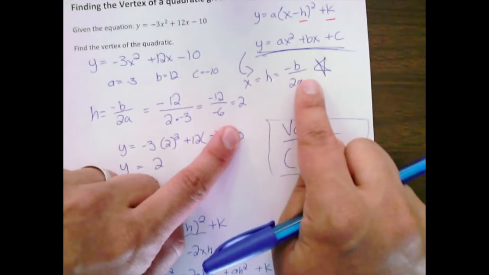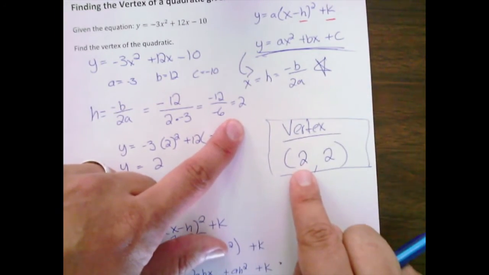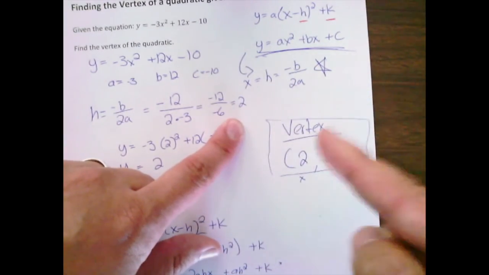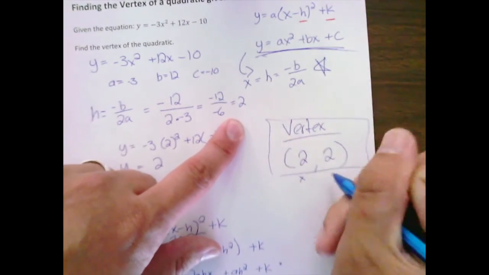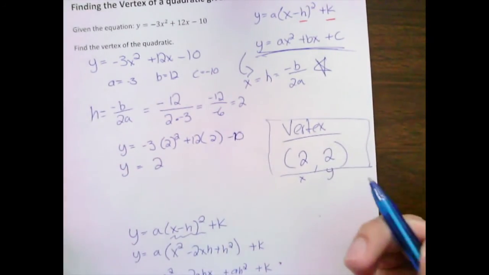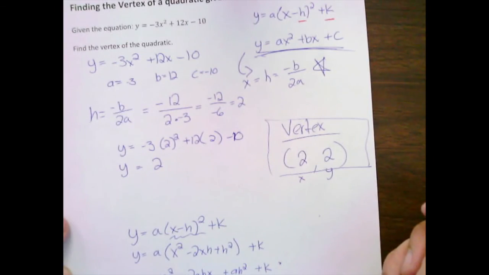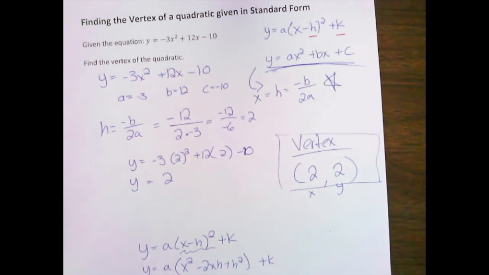When you figure out your negative b over 2a, that is the x value. Once you have an x value, plug it into the equation, simplify it out, it gives you the y value. Once you have an x and a y value, you have yourself the vertex. That was finding the vertex of a quadratic given in standard form.